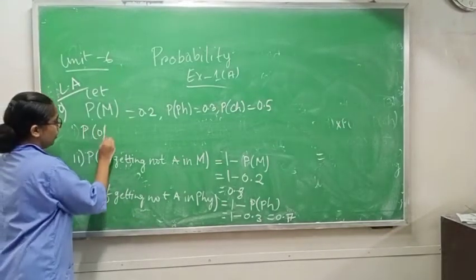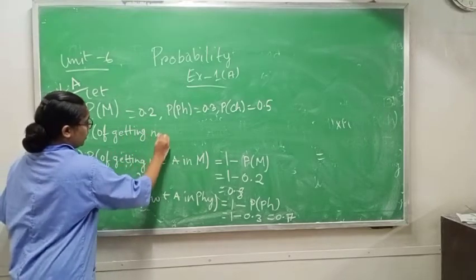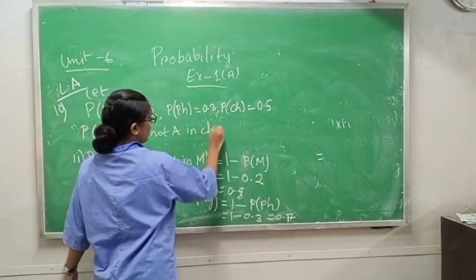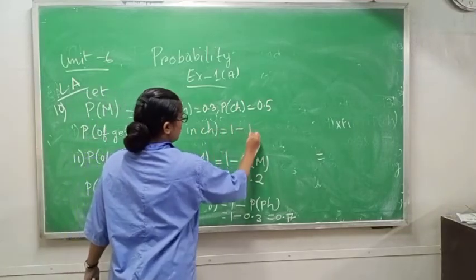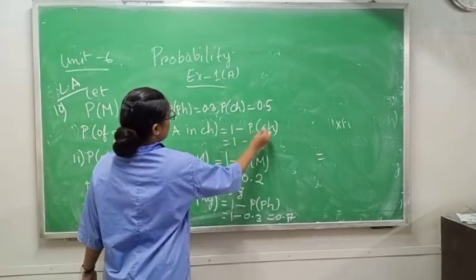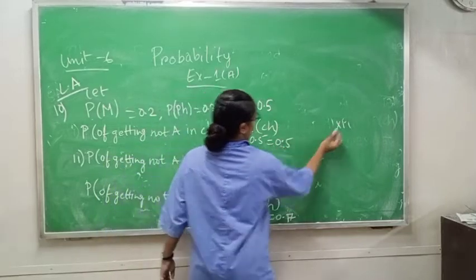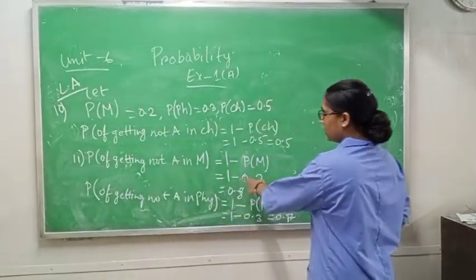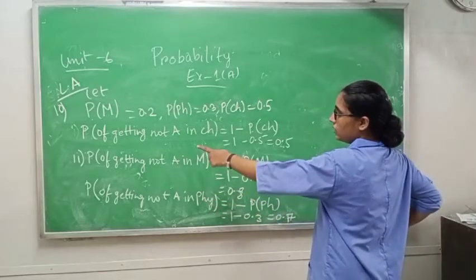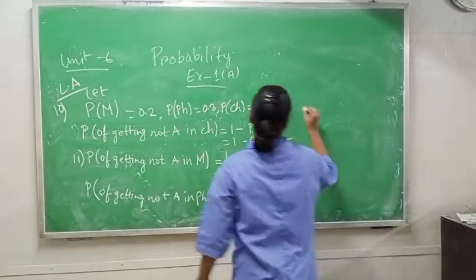Probability of not getting grade A in chemistry is 1 minus P(CH), so 1 minus 0.5 is 0.5. Therefore, not getting grade A is 0.8 in maths, 0.7 in physics, and 0.5 in chemistry.